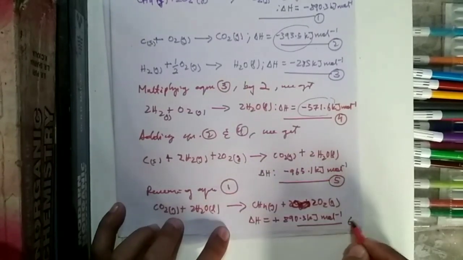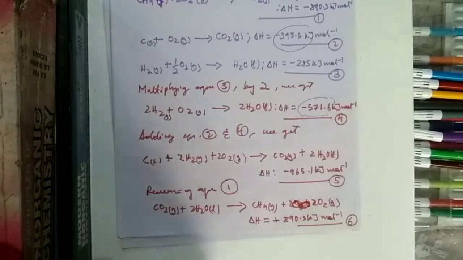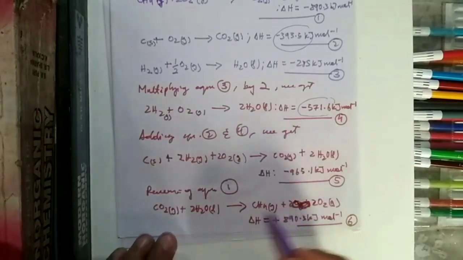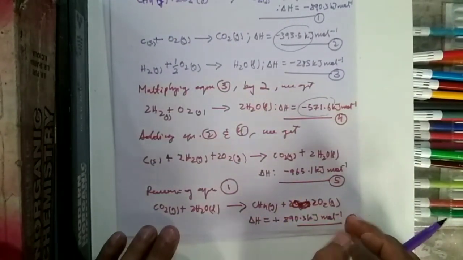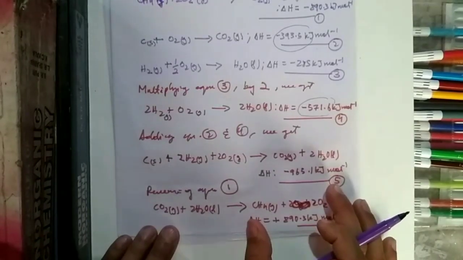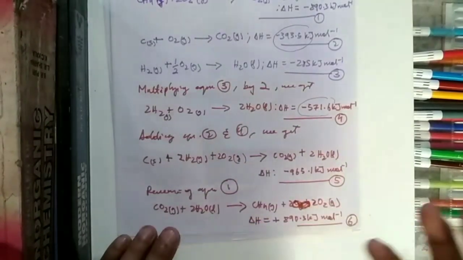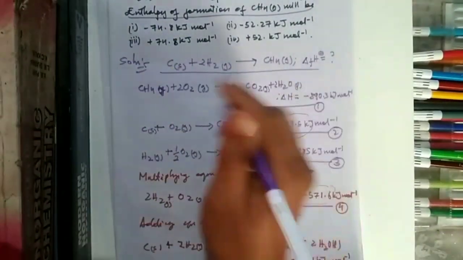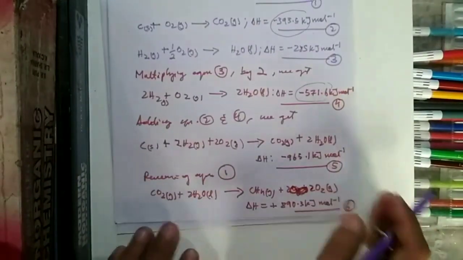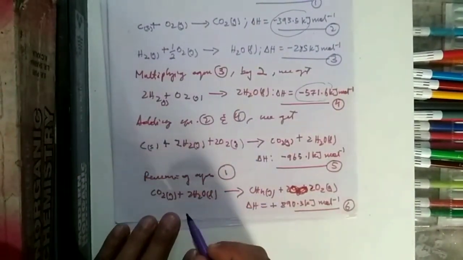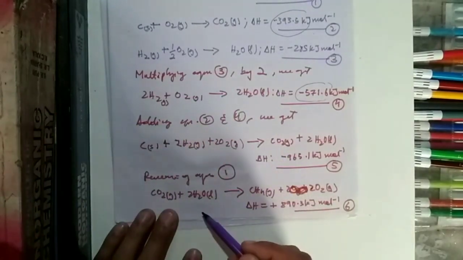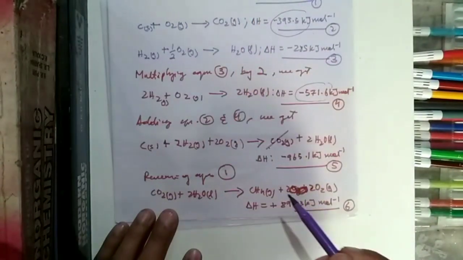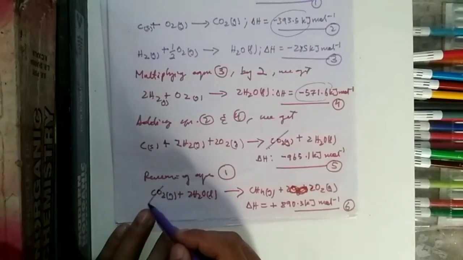So this will become our equation 6. Notice here in this reaction, equation 5 and 6. Now what we are going to do is add equation 5 and 6, and we will get the required equation. In order to get the required equation, we just compare these two equations. CO2 and CO2: we don't record CO2 in the main reaction, so we cancel this.